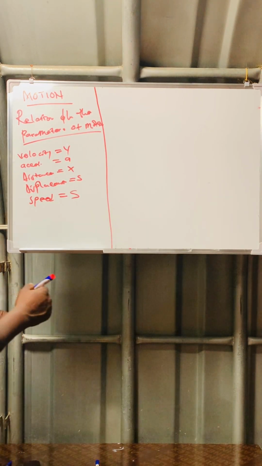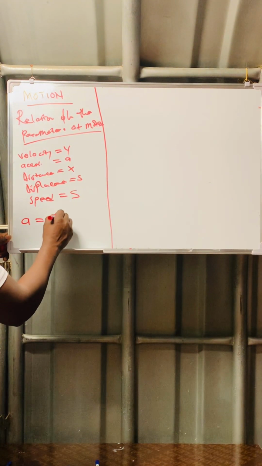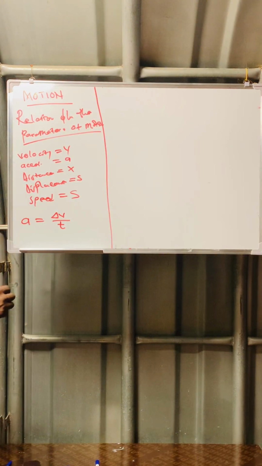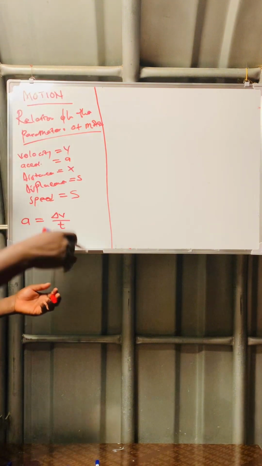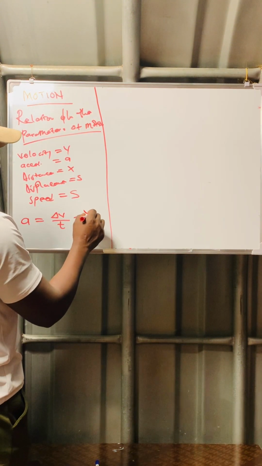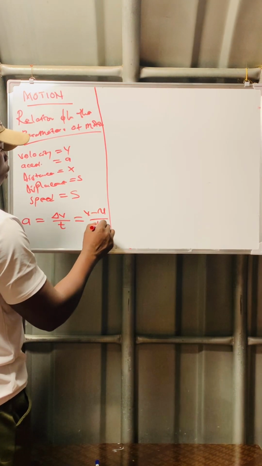Now we are going to look at the relationship between all these parameters. Acceleration is the same thing as change in velocity all over time. Change in velocity is defined as final velocity minus initial velocity. Let's represent our final velocity as v and our initial velocity as u, all over t.